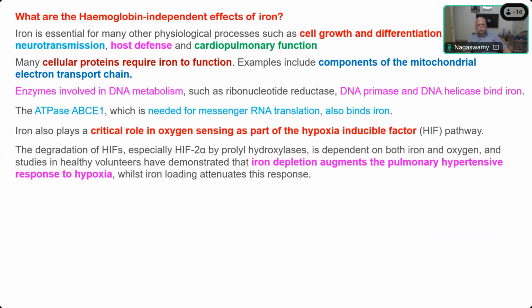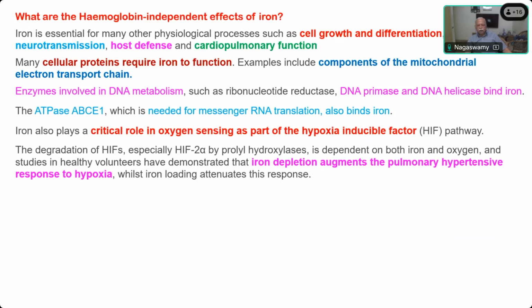And studies show that if iron is depleted or there is a reduced iron level, there is an increased pulmonary hypertensive response to hypoxia. Hypoxic pulmonary vasoconstrictor response is more severe in patients with anemia.